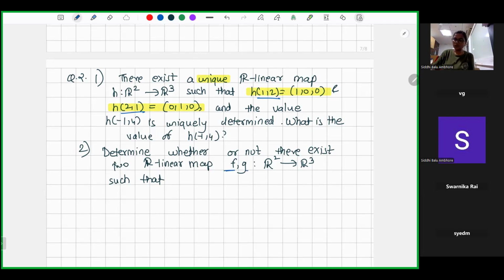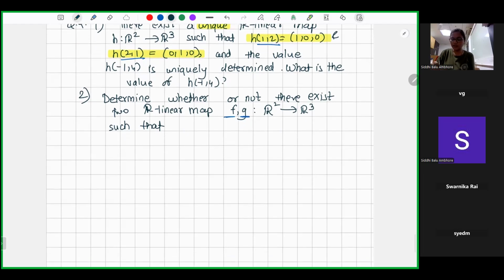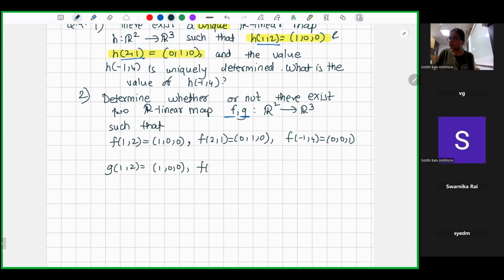They are saying that two maps f and g are such that f of (1, 2) is (1, 0, 0), f of (2, 1) is (0, 1, 0), and f of (-1, 4) is (0, 0, 1), or not. And I want g of (1, 2) to be (1, 0, 0), g of (2, 1) is (0, 1, 0), and g of (-1, 4) is (3, 2, 0).